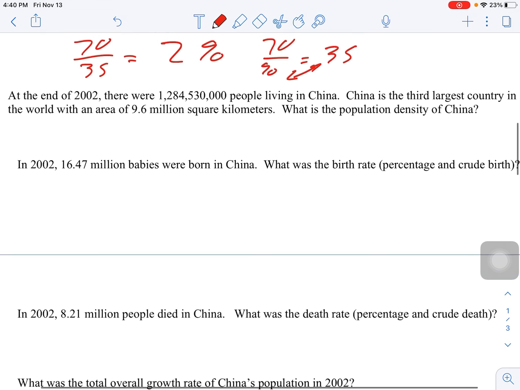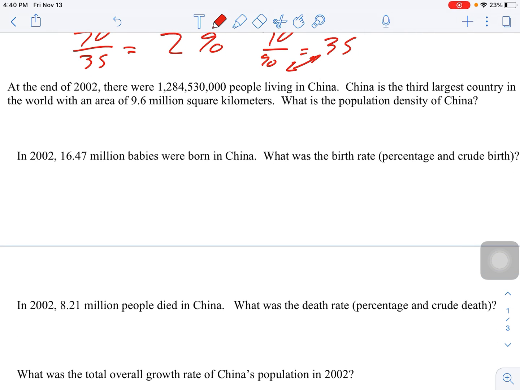At the end of 2002, there were 1,284,530,000 people living in China. China is the third largest country in the world with an area of 9.6 million square kilometers. What's the population density?